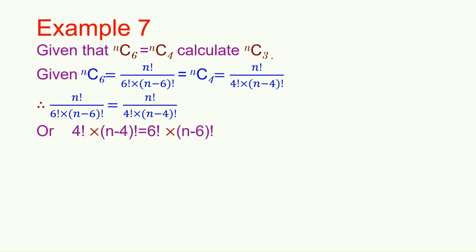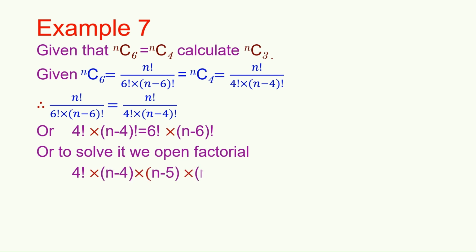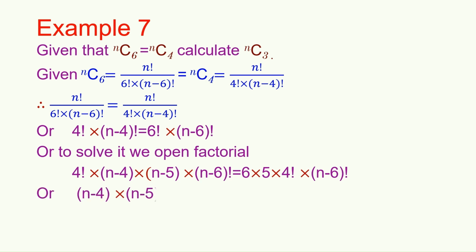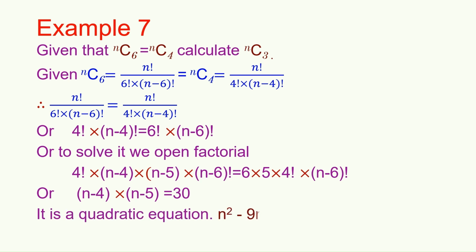Solving the equation further, we open the factorial. Factorial 4 times n minus 4 times n minus 5 times factorial n minus 6 equals 6 times 5 times factorial 4 times factorial n minus 6, or n minus 4 times n minus 5 equals 30.